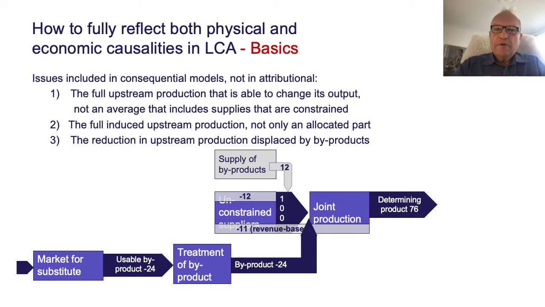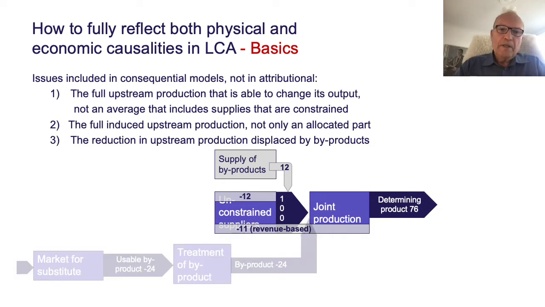And therefore, we are signaling with the minus sign that it is a reduction in demand. So by producing more of the byproduct, we reduce the demand for the substitute. This substitution is of course not included in an attributional LCA.